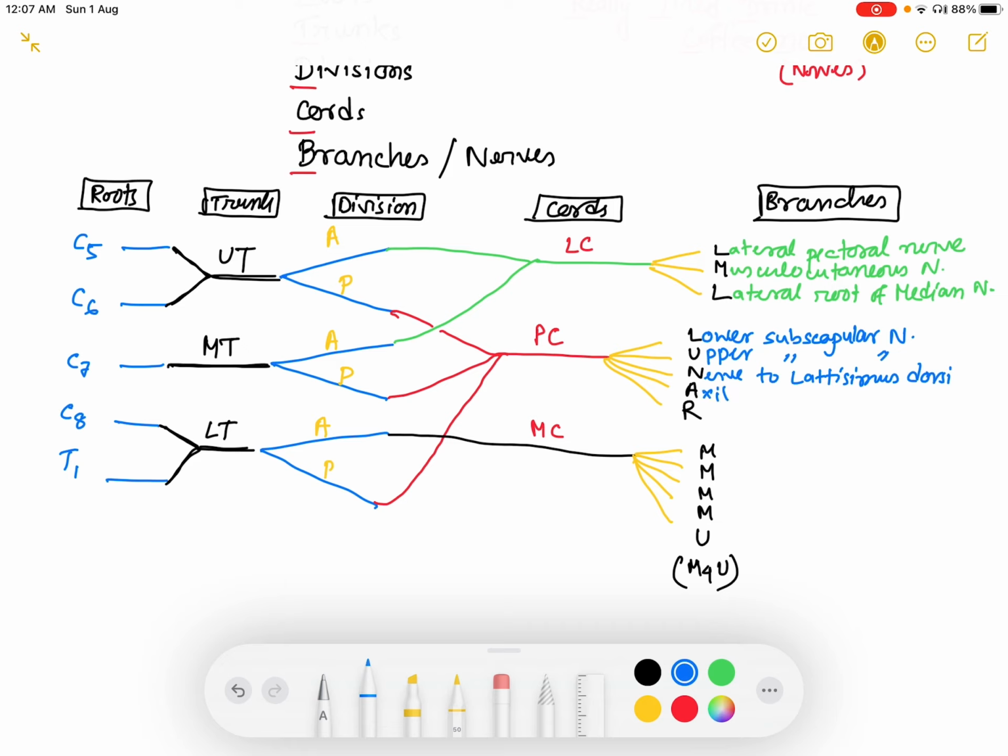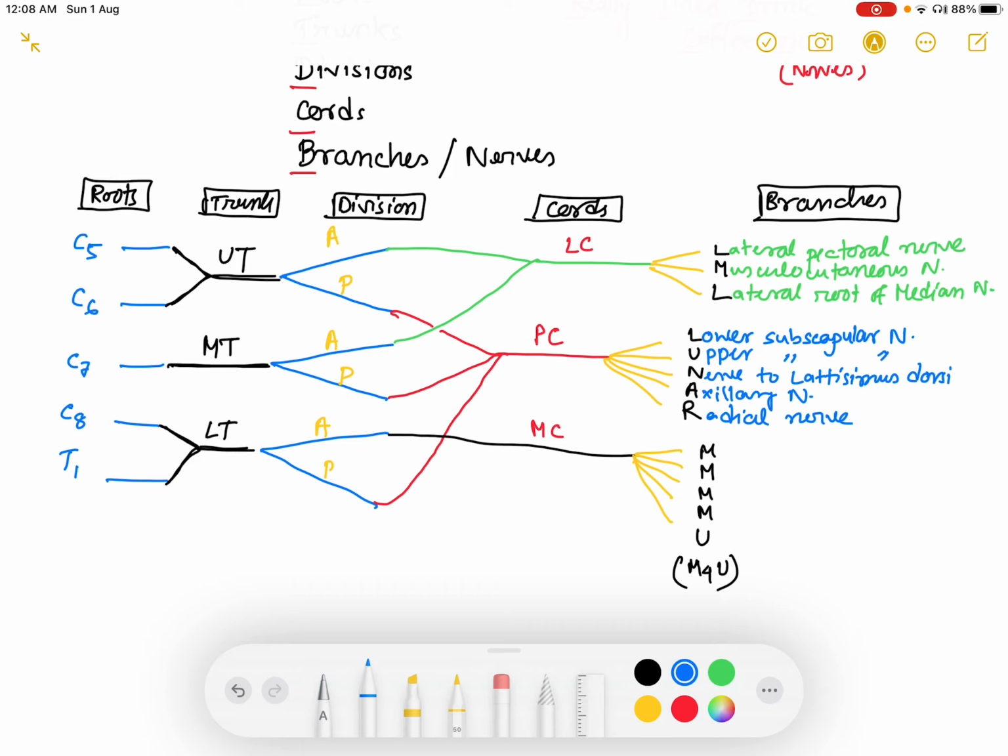A for axillary nerve. R for radial nerve. So these are the branches of the posterior cord: lower subscapular and upper subscapular nerve, nerve to latissimus dorsi or thoracodorsal nerve, axillary nerve, and radial nerve.